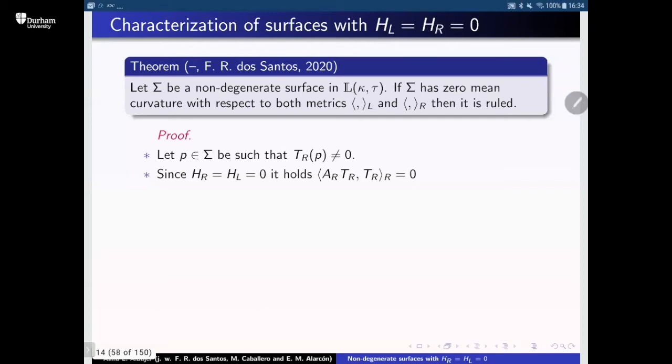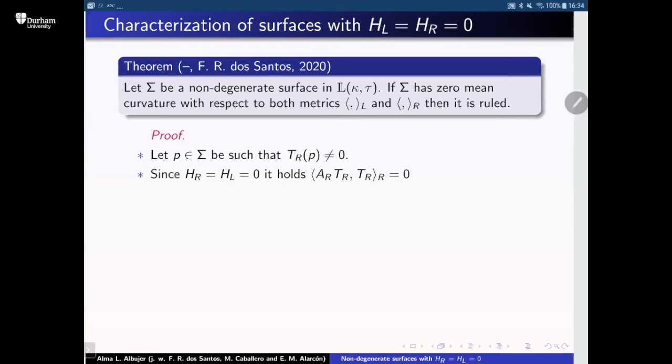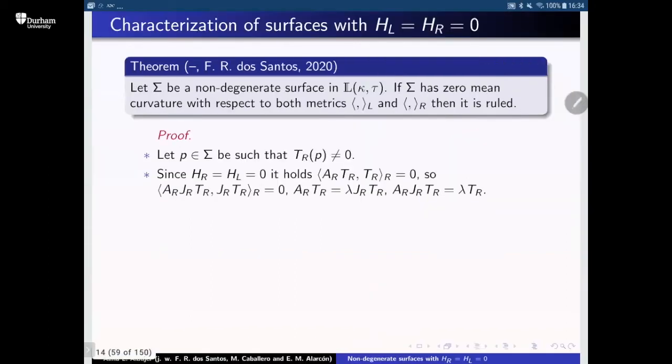Since we are assuming that both mean curvature functions vanish, we have that TR is an asymptotic direction, so this term vanishes. But since the Riemannian mean curvature vanishes and this term vanishes, this term should also vanish, since GRTR is orthogonal to TR.